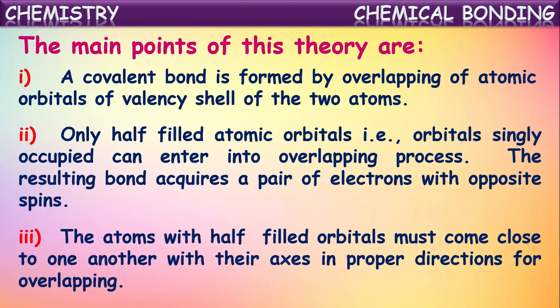Now another point, the atoms with the half-filled atomic orbitals must come close to one another with their axes in proper directions for overlapping. So when two atoms approach each other at a proper distance and in a proper direction, then only the atomic orbitals of these two atoms, which have a single electron in them, overlap each other, and they make their single electrons paired, and thus form a covalent bond between them.